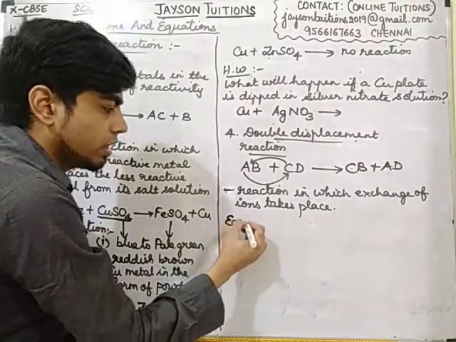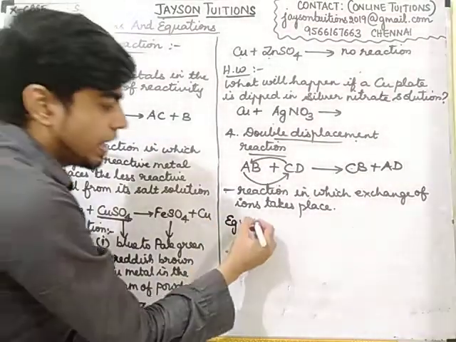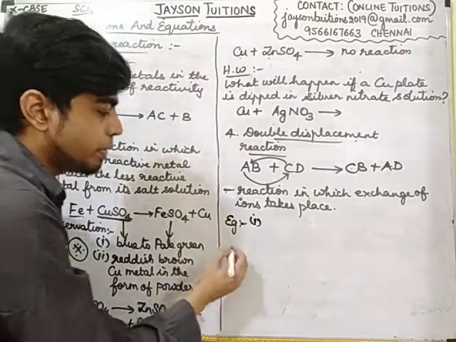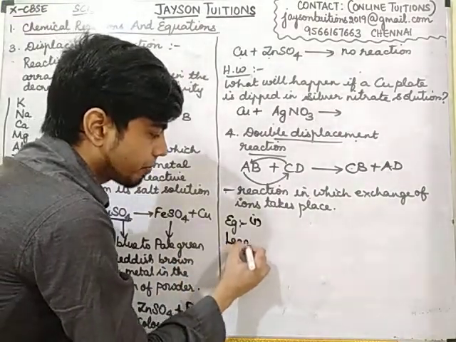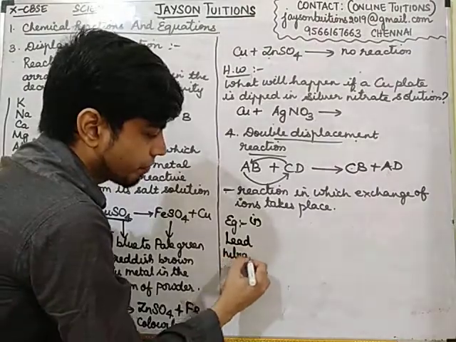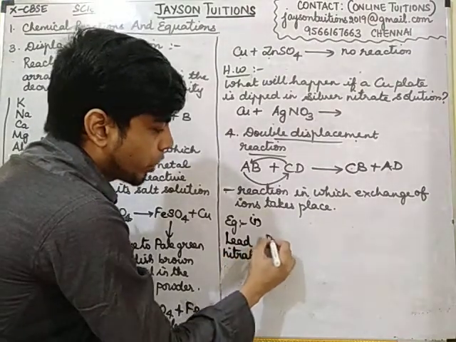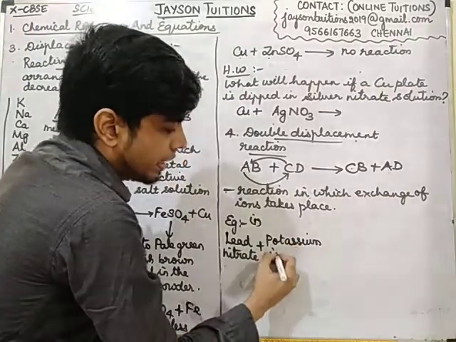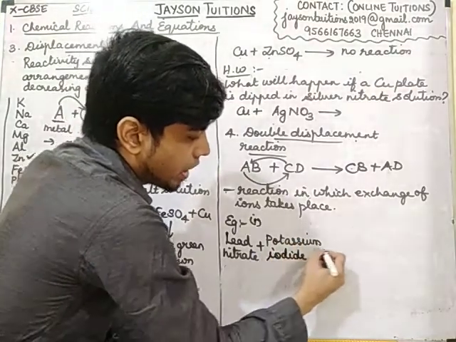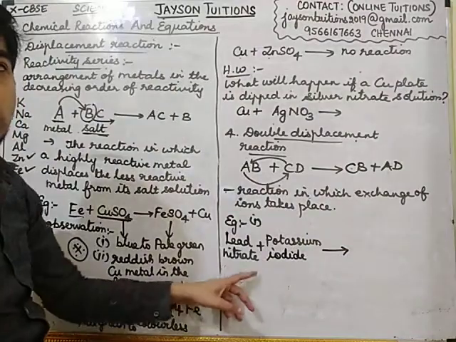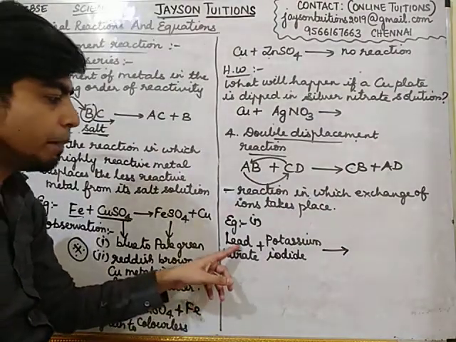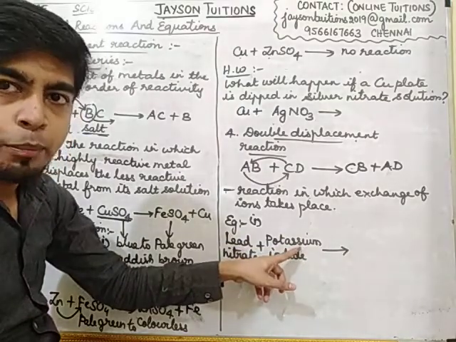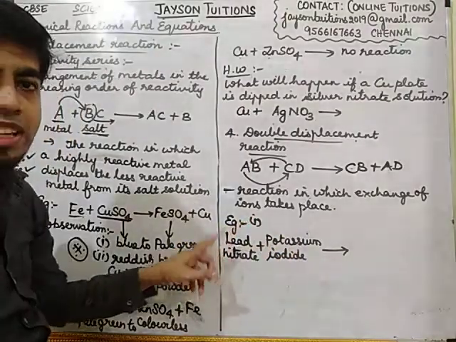Now we will do some examples for this. One is the reaction between lead nitrate and potassium iodide. Listen carefully. What will happen? Lead will go to potassium's place and potassium will come to lead's place.